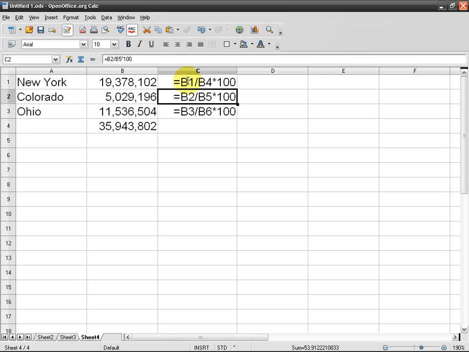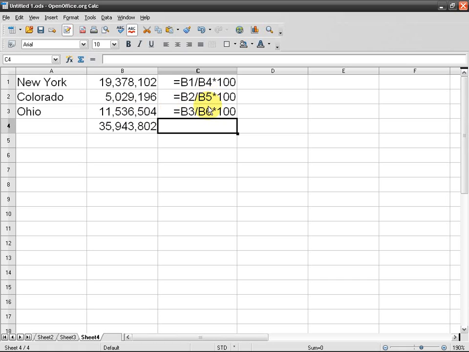So when I go down here, it's the same thing. Take 1 to the left, divided by 1, 2, 3 down. And again here, of course. So B1 for New York, B2 for Colorado, and B3 for Ohio. So we see that B1, B2, B3 are the correct arguments. The problem here is with B4, B5 and B6.